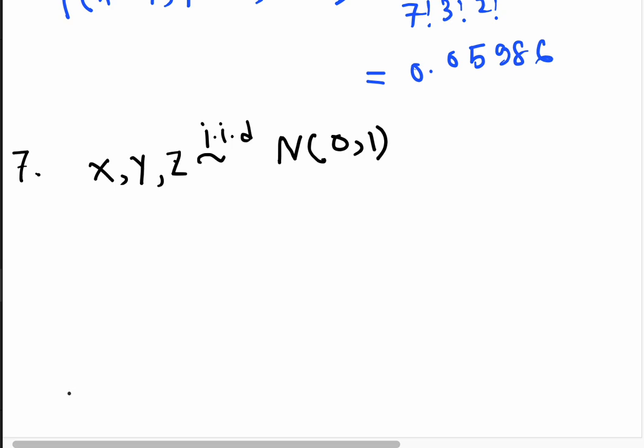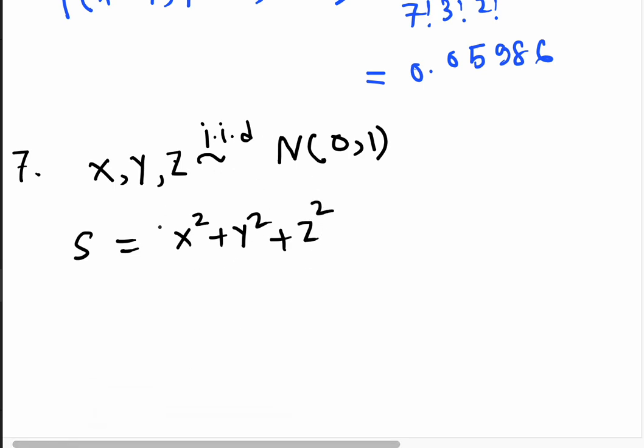Now we have to find the distribution of the square distance of the point from the origin, which is equal to x square plus y square plus z square.